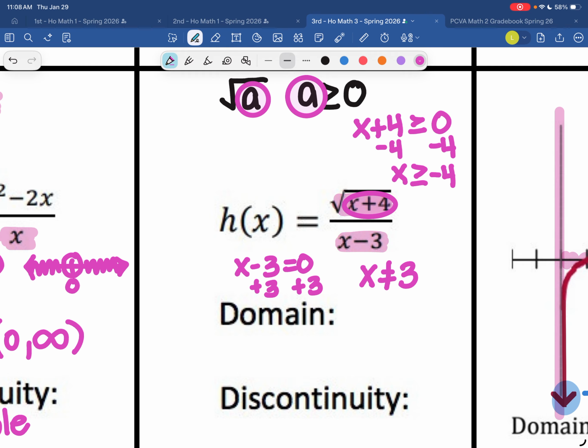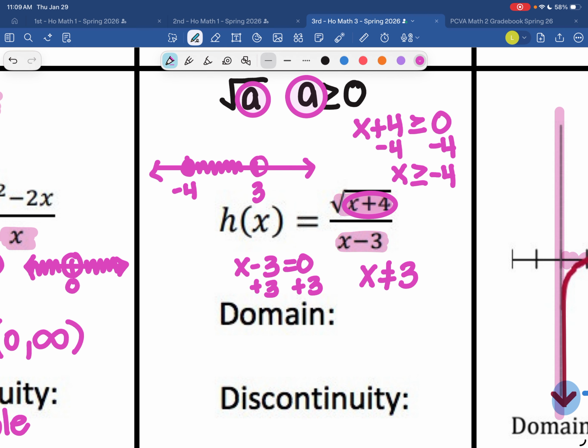Now, I want you to think about this on a number line. So on my number line, we have two numbers that we've talked about. We've talked about negative 4 and we've talked about 3. So it says x is greater than or equal to negative 4. So that means I'm equal to negative 4, but I have to be greater than that number. I can't go less than. But I also cannot be equal to 3. So I have an open circle at 3 here.